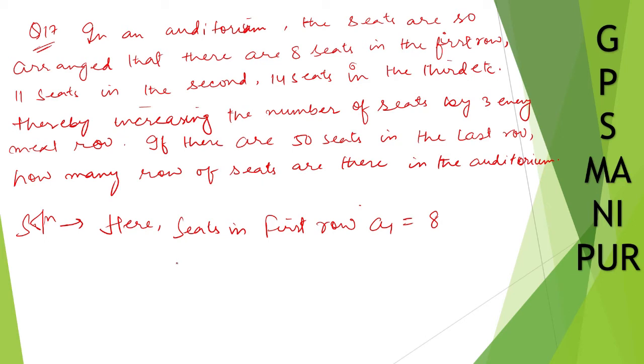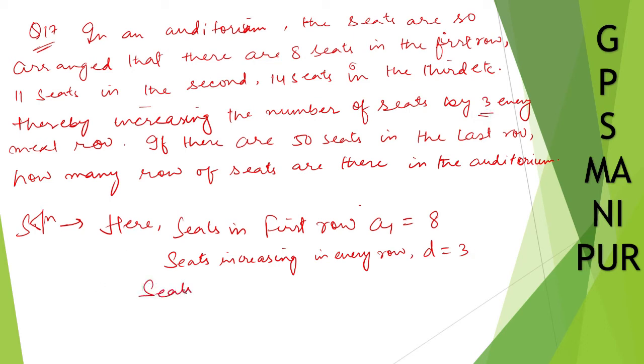And seats increasing in every row, D is equal to 3. 3 seats are increasing in every row, right? So D is equal to 3.